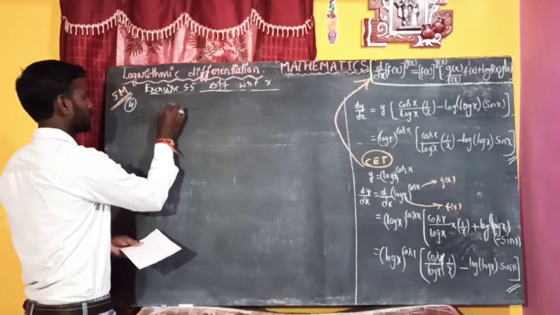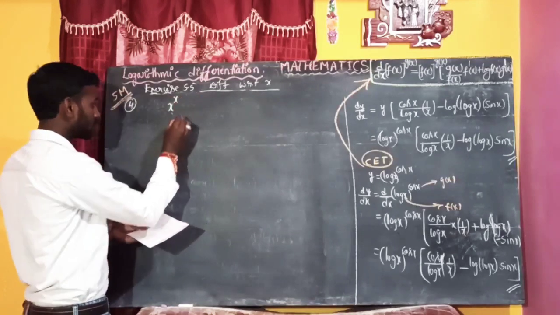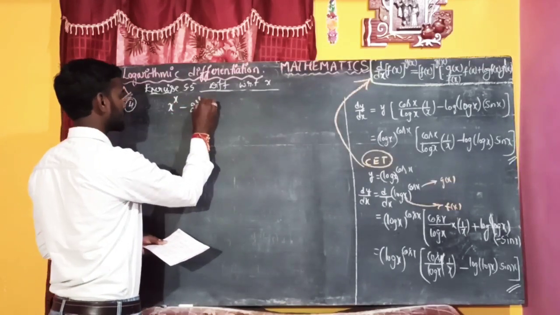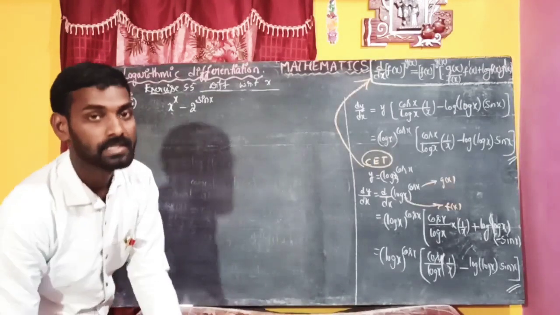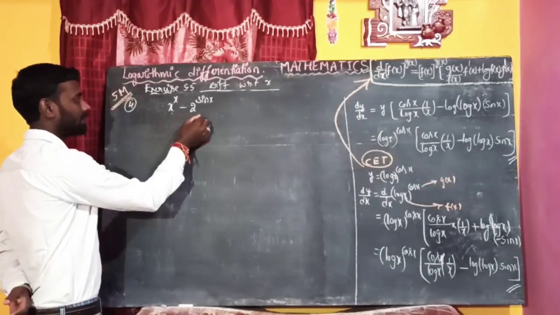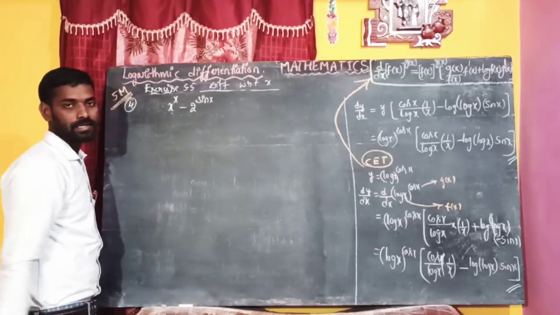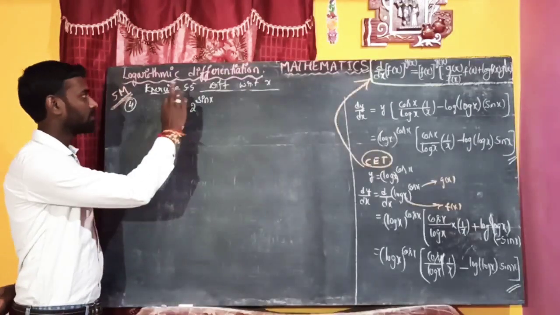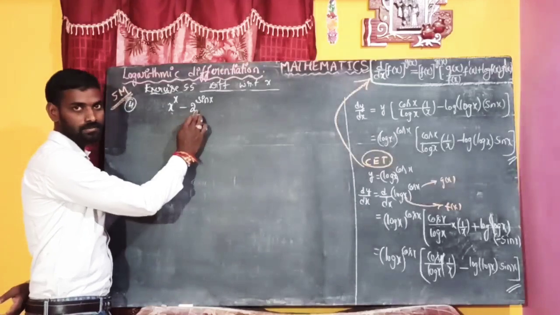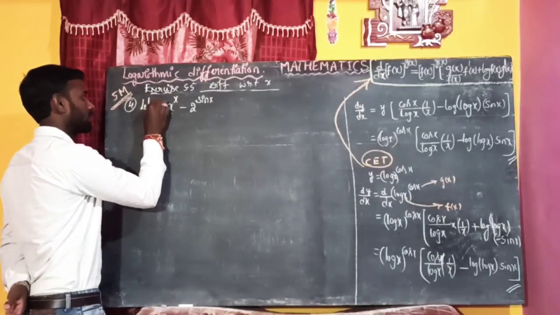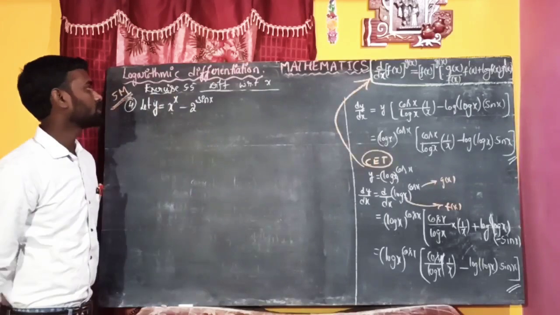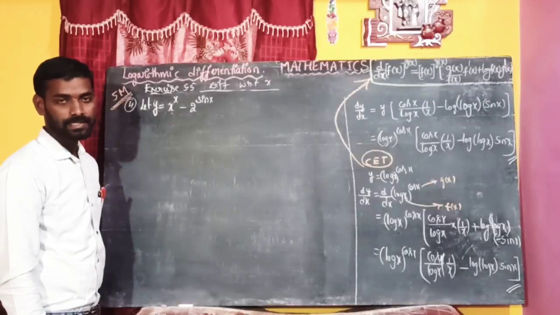Find the derivative of x power x minus 2 to the power of sin x. Here observe, guys. This is the fourth question. Find the derivative of this function with respect to x. I will call this function y. Let y is equal to x to the power of x minus 2 to the power of sin x.